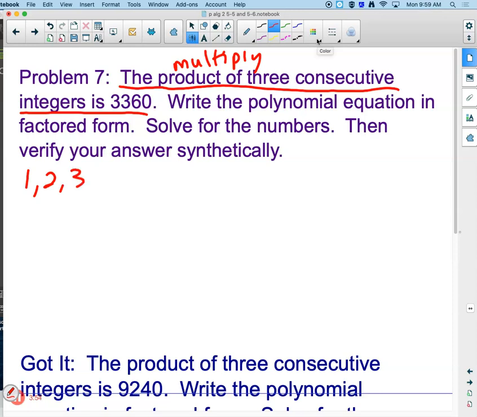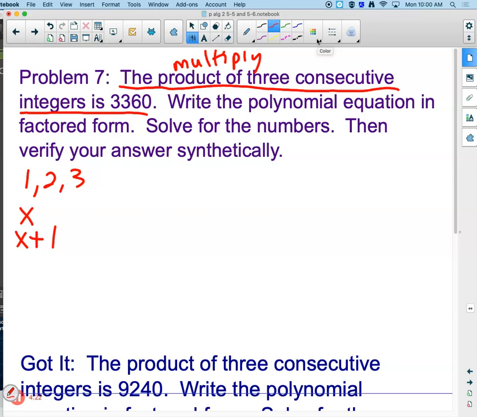But we don't know what these consecutive integers are. So I would make the first one x. And then I'd think, okay, if the next one has to be in order, like 1, 2, and 3, what's something easy you could do to 1 to get 2? Add 1, right? So x plus 1.